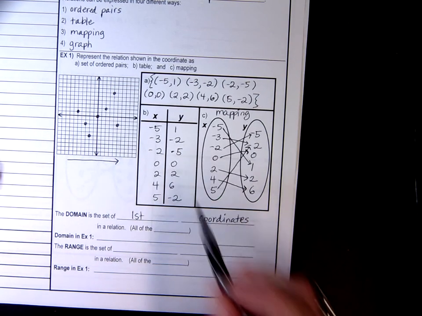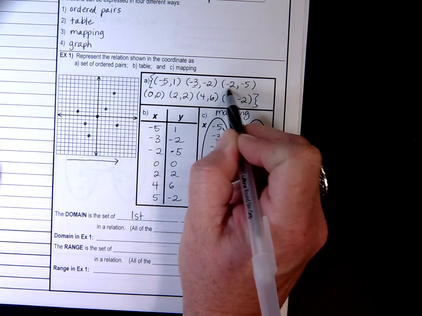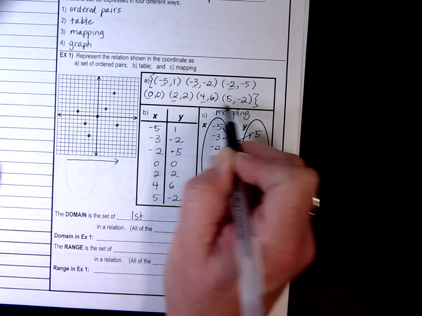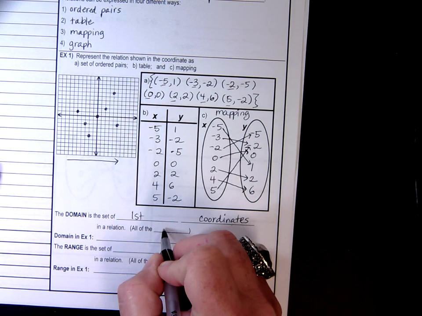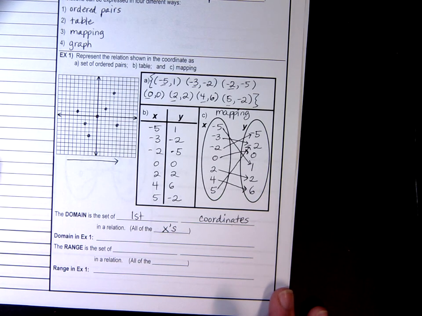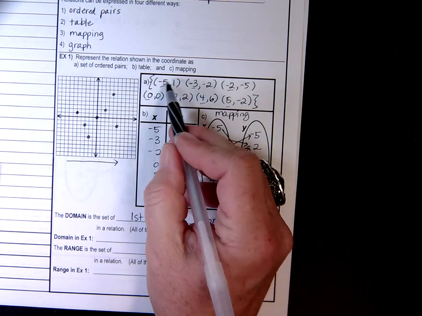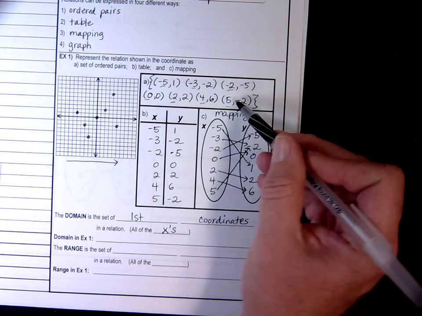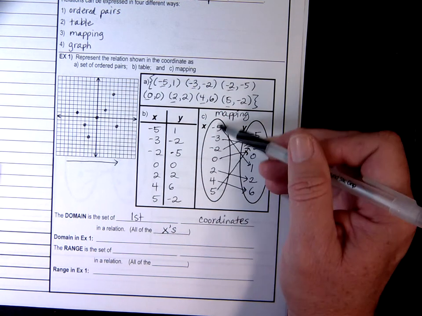And your first coordinates in your ordered pairs represent your x coordinates. So this is just a list of all of your x's. So in example 1, our domain would be all of our x coordinates, either from the ordered pairs, from our table, or from our mapping.